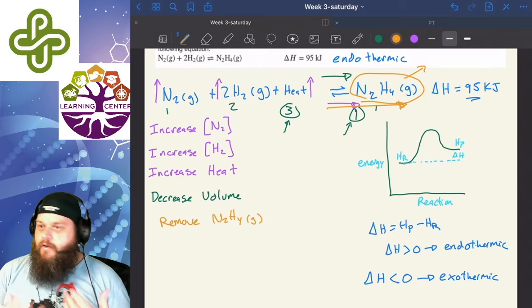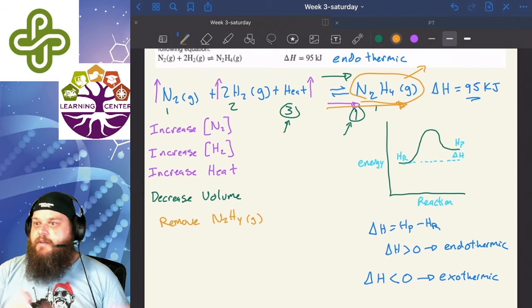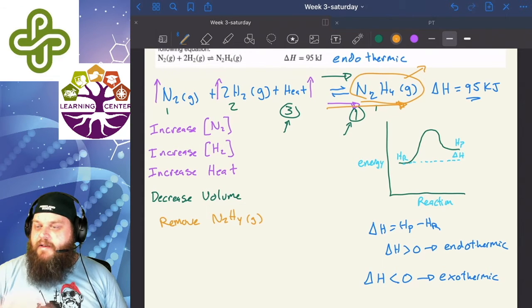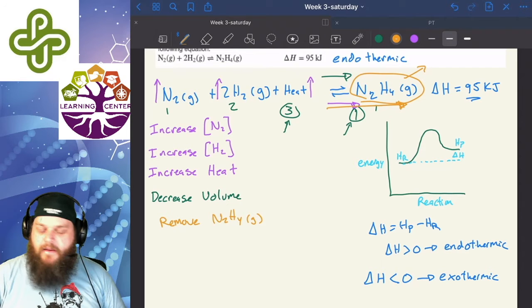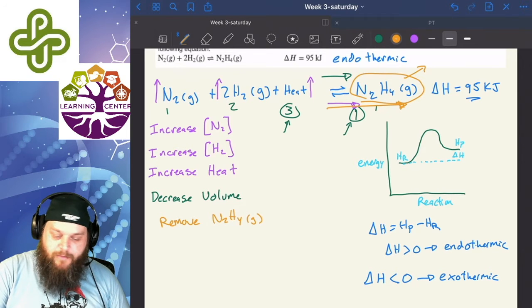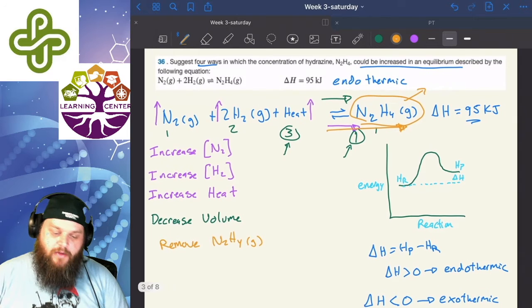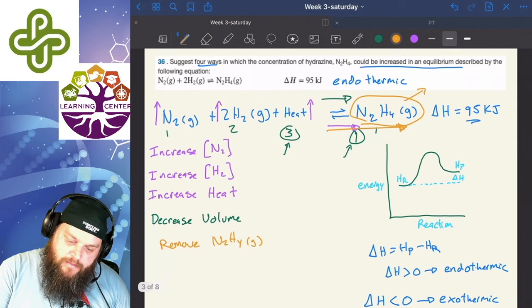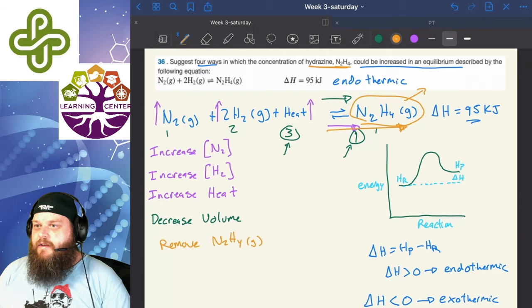All of your reactants are going to be used up to make that product, because we no longer have that equilibrium state. So this breaks the equilibrium, but it does produce more of this hydrazine gas, which is what we're trying to do.